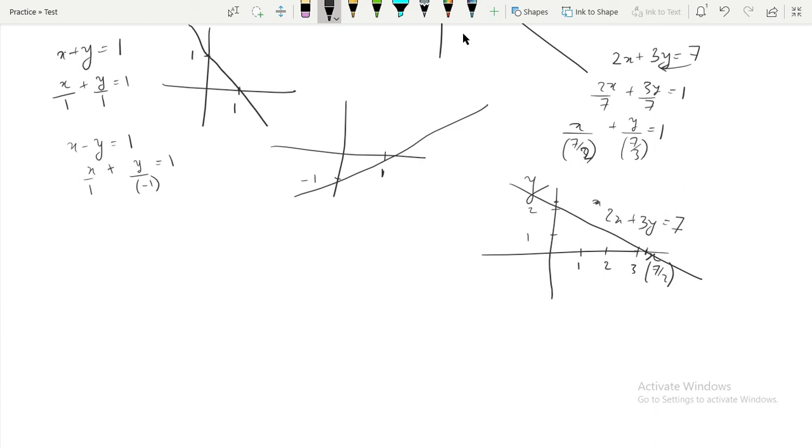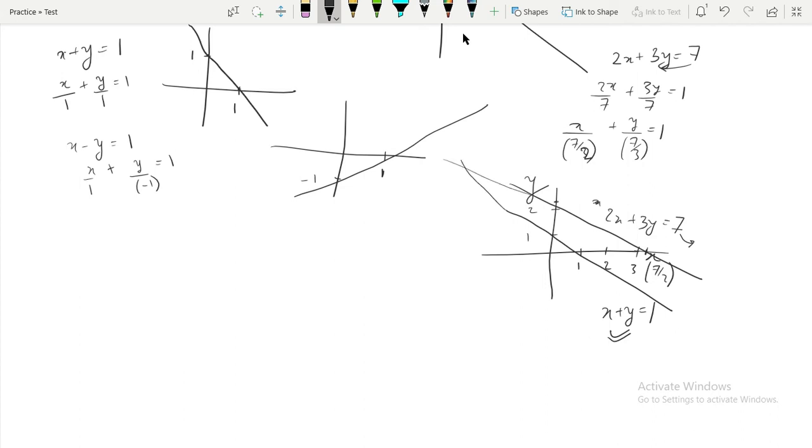Now if anyone asks you, if this is a straight line and this is a straight line, do these straight lines meet anywhere? So what we can do is just plot them like this. These two lines, and we can just know if there is a solution based on this graph.